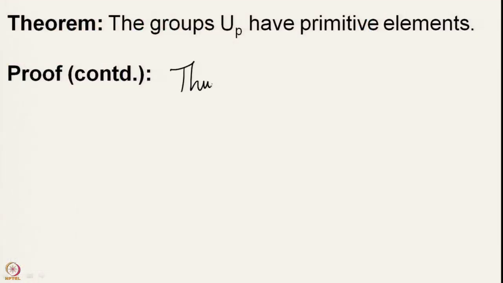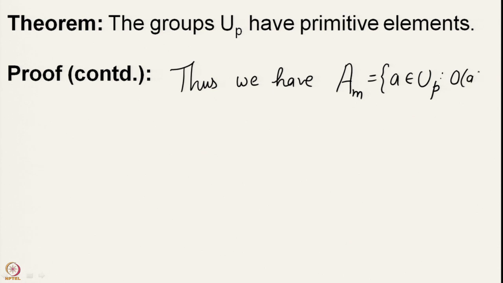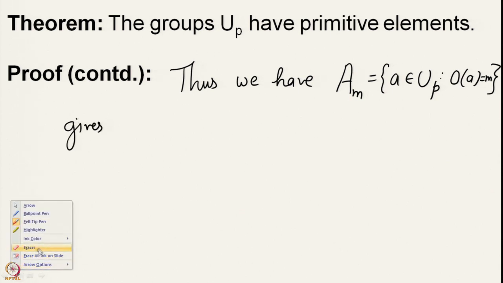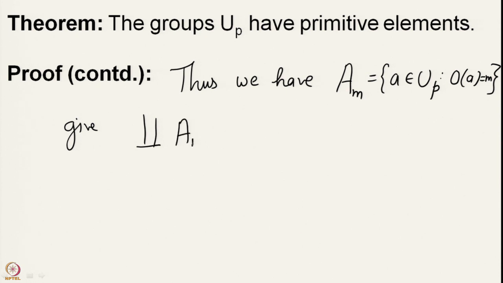So, thus we have Am, which are elements a in Up with the property that the order is m, giving the disjoint union of Am, where you have m dividing p minus 1, is your Up.